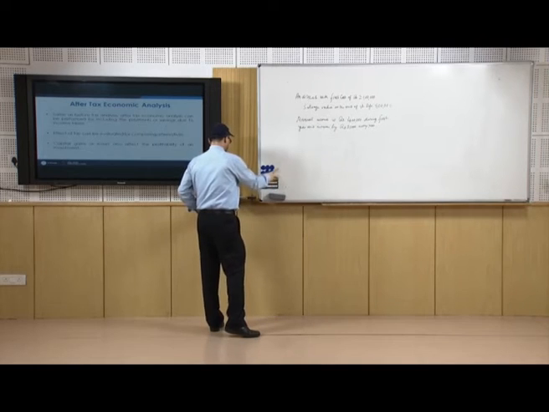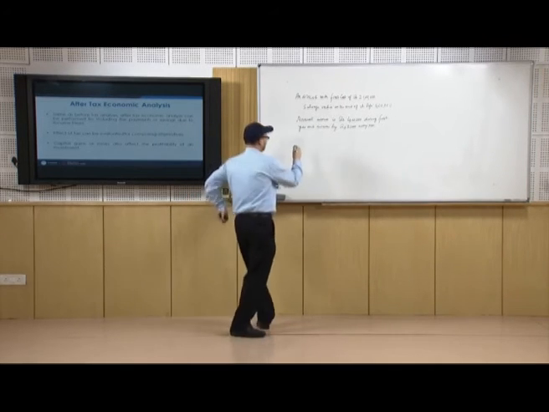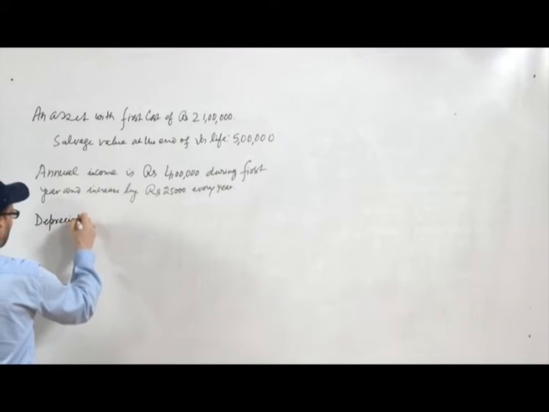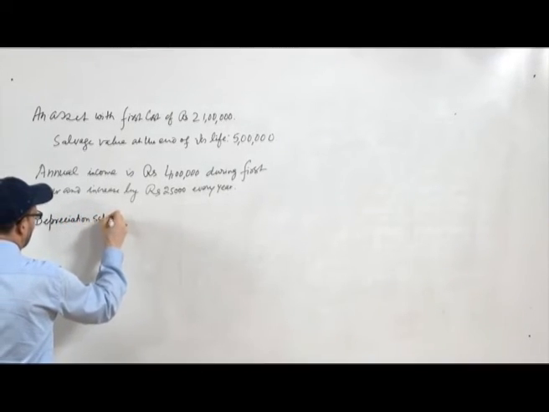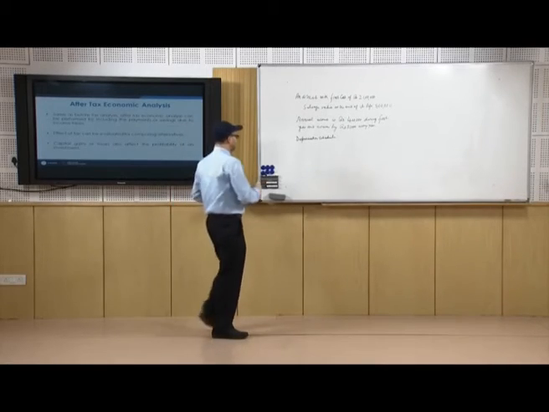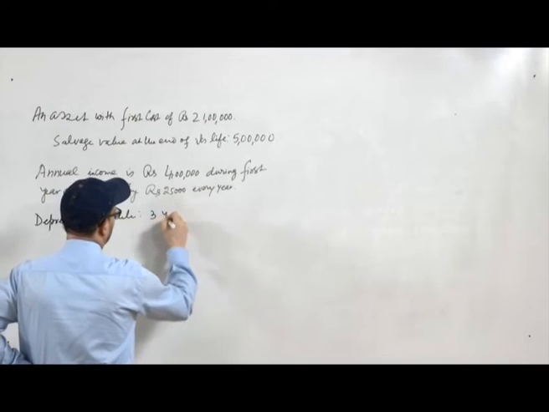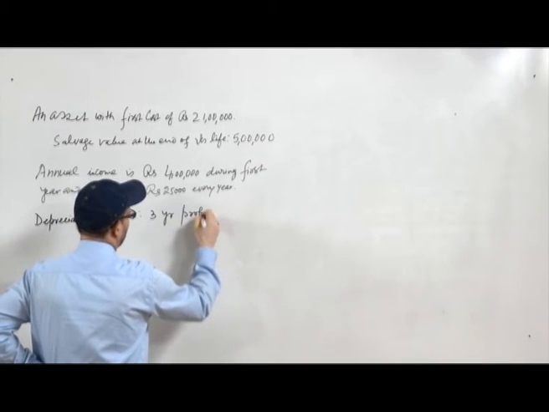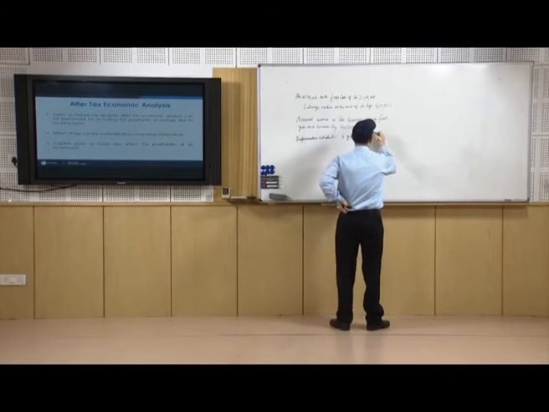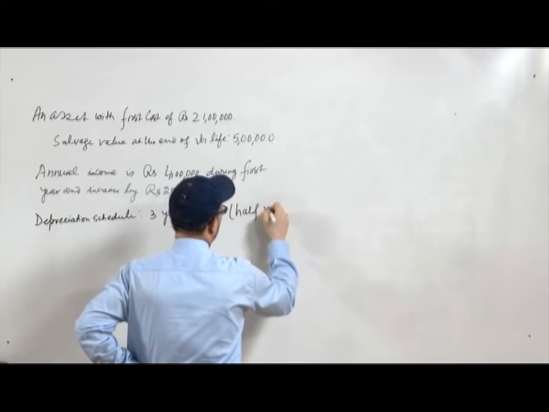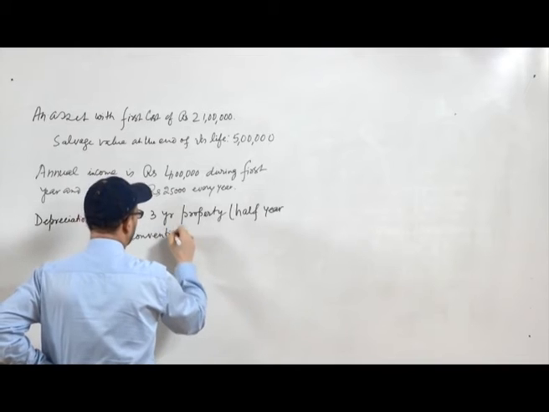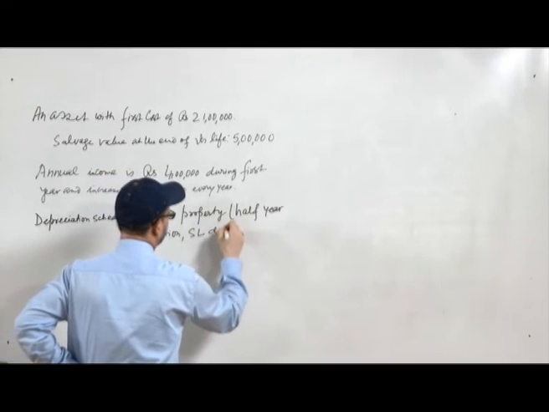Then you have the depreciation schedule. In that we take it as a 3-year property and take the half year convention, using the straight line depreciation method.